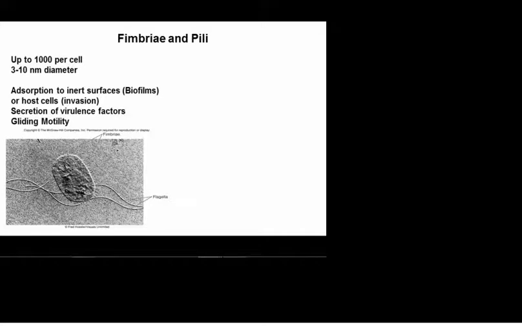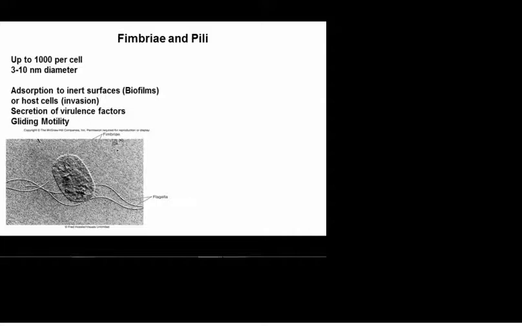Now, other structures on the outside of the bacterial cell that perform interesting functions are fimbriae and pili. When I talk about this, I don't mean these big long filaments here, which are flagella, but just the kind of short hair-like projections that you can just about see on the surface of this bacterium here.